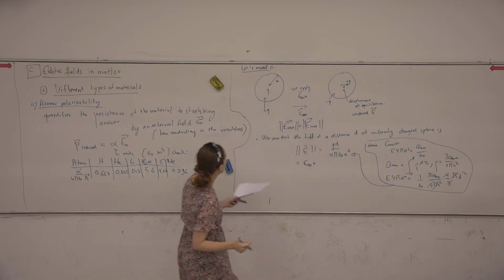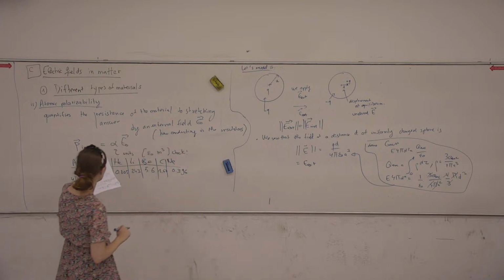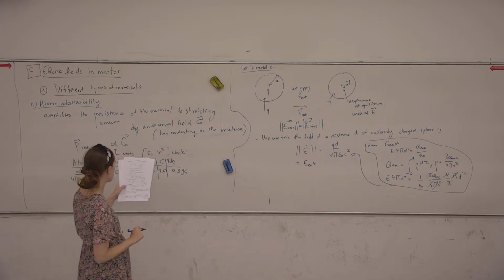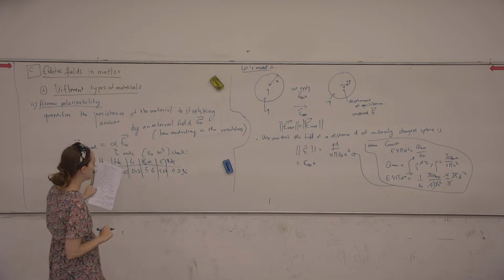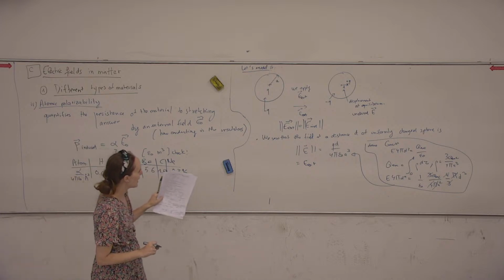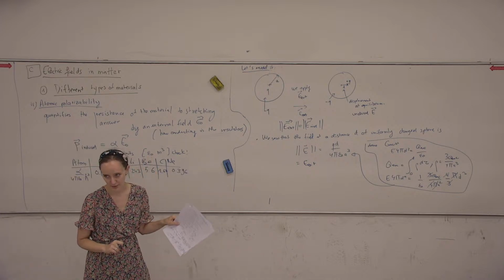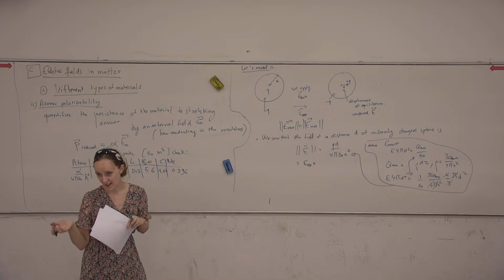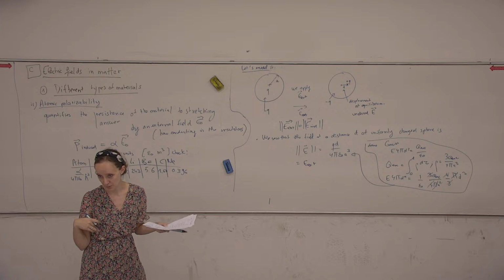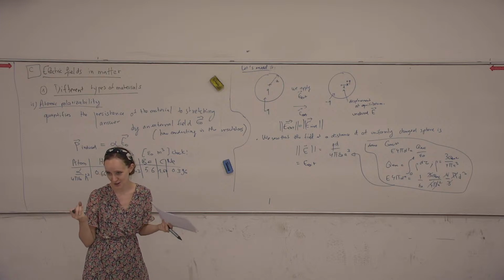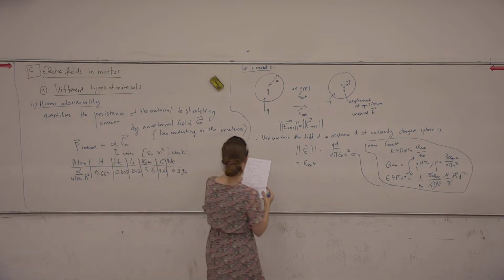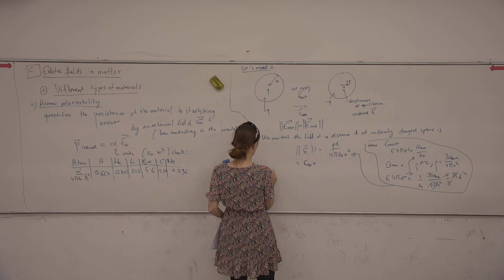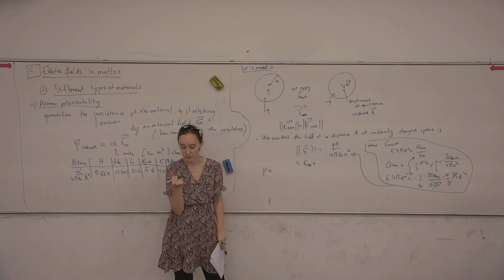But I remind you that what I want to do to model polarizability is to make the dipole moment appear, because I want to link the external field and the dipole moment. This is the whole point of the polarizability. So P is equal to what in value?